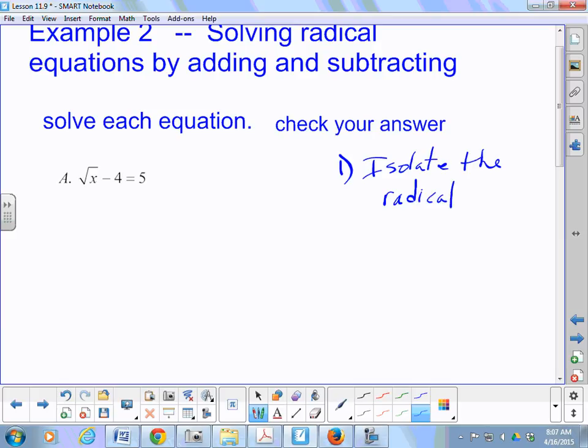Get it by itself. So if there's more than just the radical on one side, you need to get rid of those other things first of all. So we're going to add 4 to both sides first so that we can get the radical by itself.